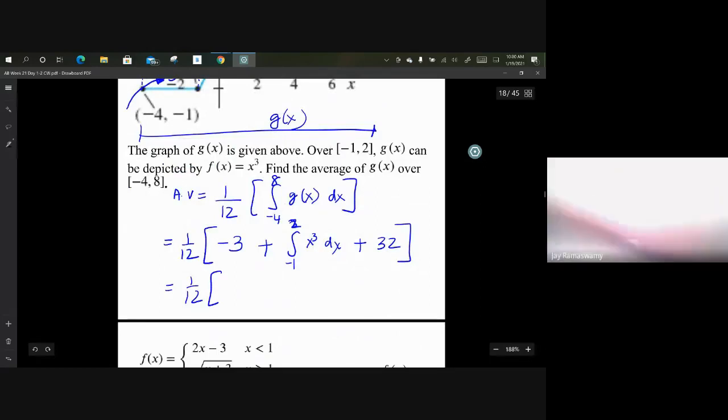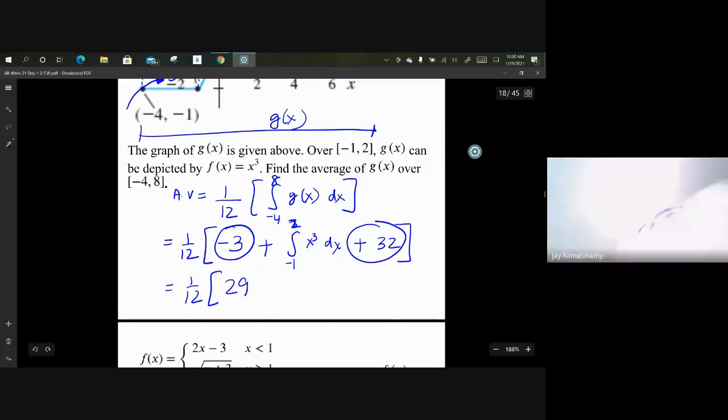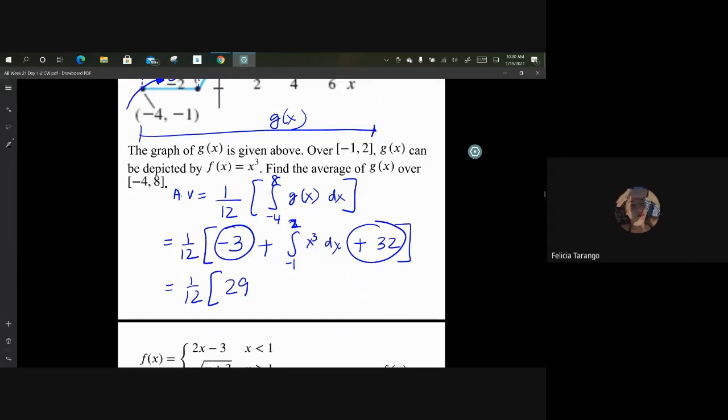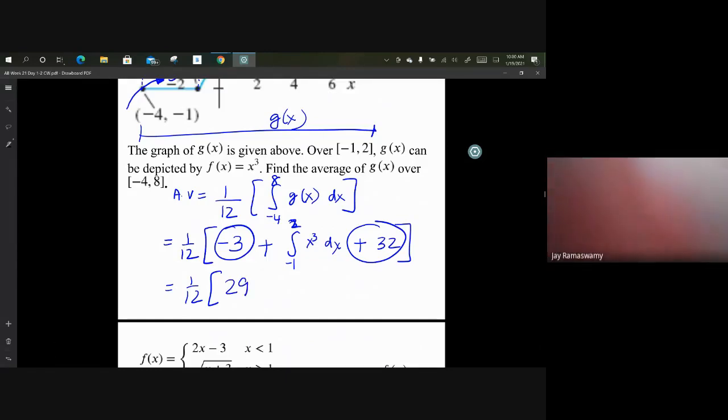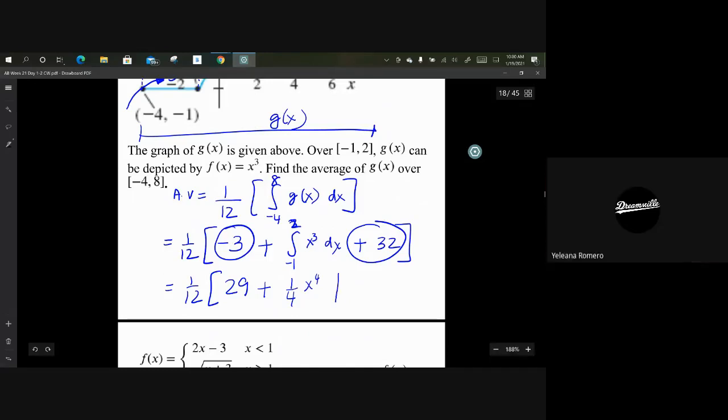1/12. What's -3 plus 32? 29. Is that 29? And then what's the integral of x cubed? 1/4 x to the fourth. Lower limit -1, upper limit 2.